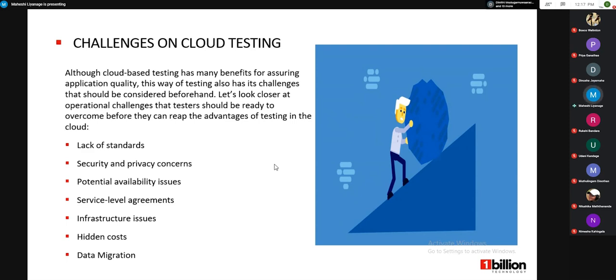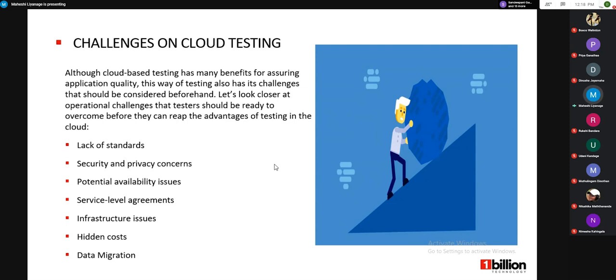So testers may face some problems. Then we have security and privacy concerns. Security in the cloud still raises many concerns, because encryption techniques are far from perfect. Also the cloud providers can offer tests in a private cloud.